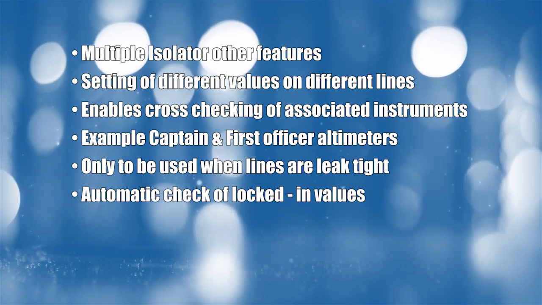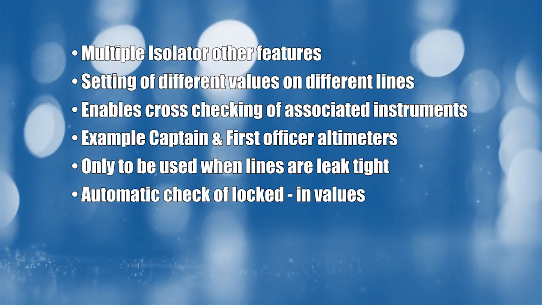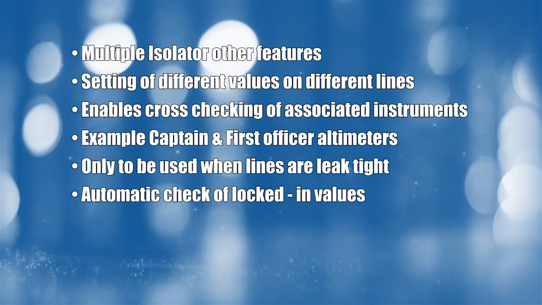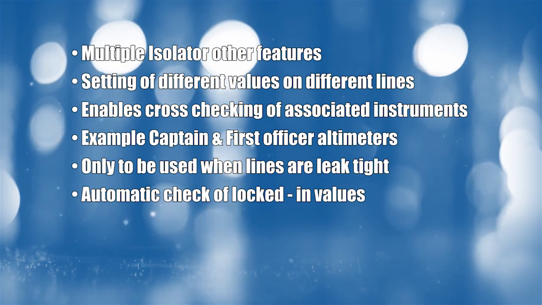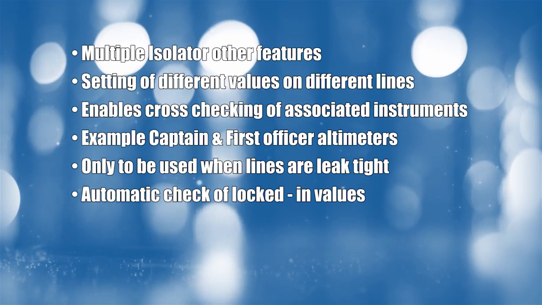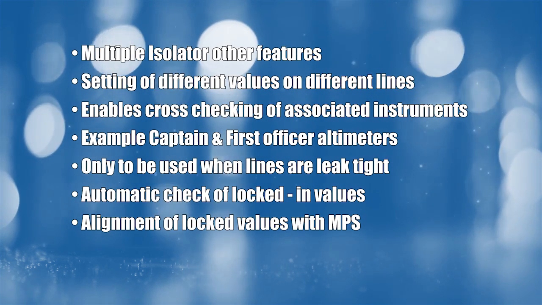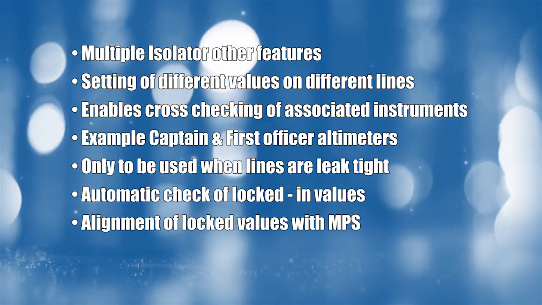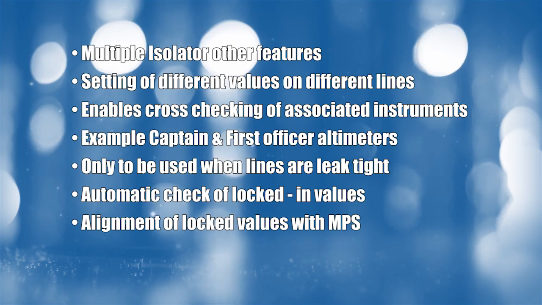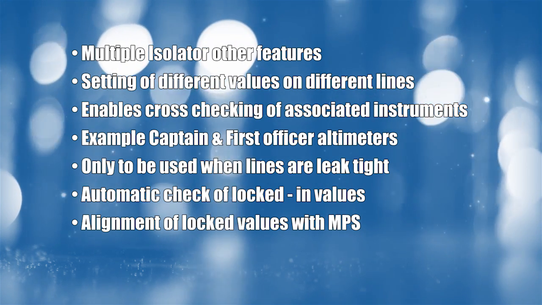Finally, when actioning the opening of a particular closed channel, the MPS enters an automatic mode. It checks the difference between the current pressure, the parameter, as displayed on the MPS screen that may have changed, and the value that was originally isolated and is currently being shown on the instrument under test.